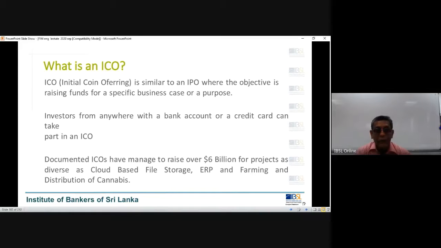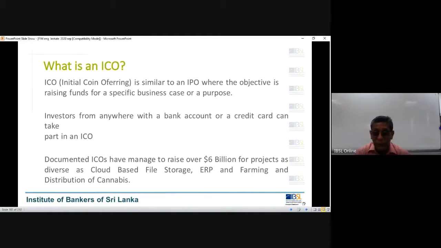Now remember, ICO involves issuing initial coins, a cryptocurrency methodology. So that's the new way of raising funds. Even though we don't know much about it, ICOs have managed to raise around 6 billion US dollars for business expansion projects.